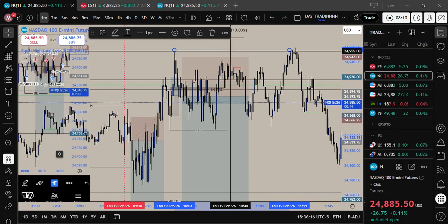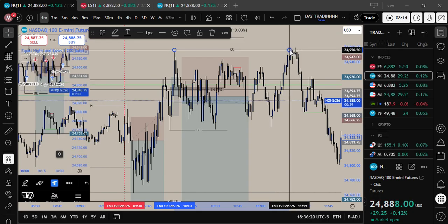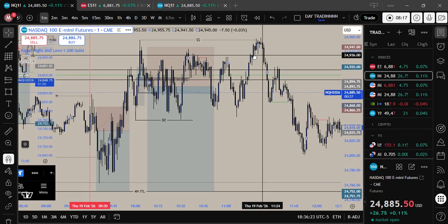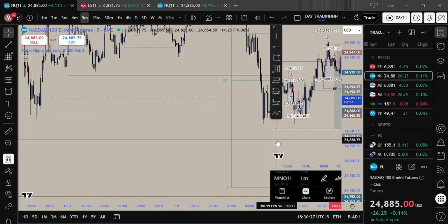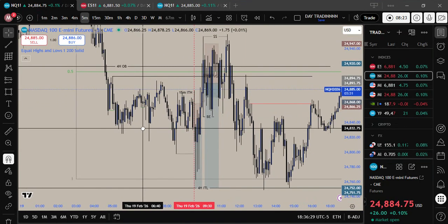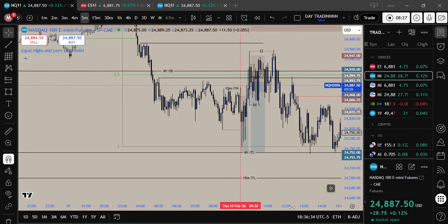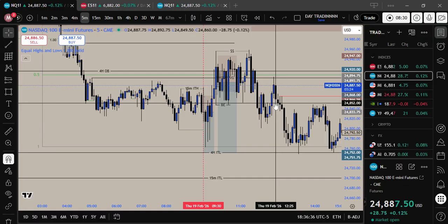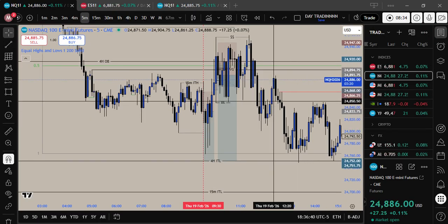What happened was we ended up remanipulating this high, and then we started trending lower, lower, lower. Right before PM session, I was looking at this, and we got this 5 minute gap.